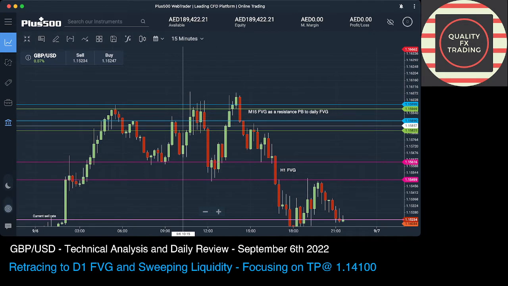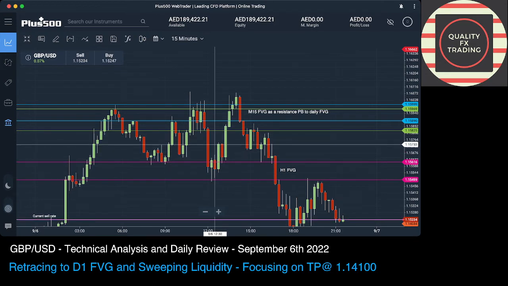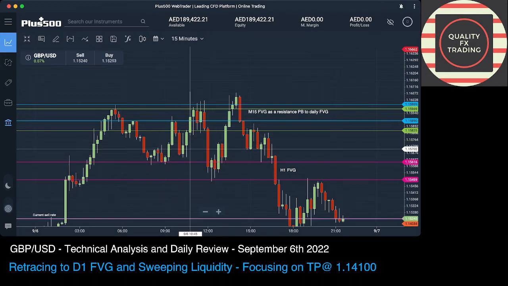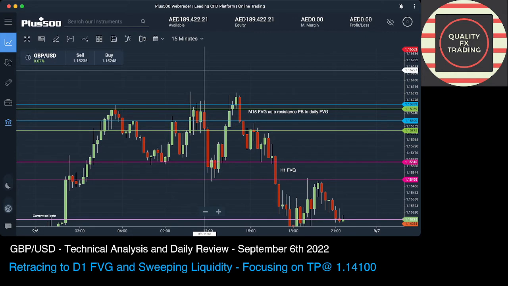See what happened the next candle. Price pushed to the downside. It created this candle's low, this candle high, the 15-minute fair value gap. It pushed down below this short-term low. What does it mean? It means market structure got shifted in the 15-minute chart.